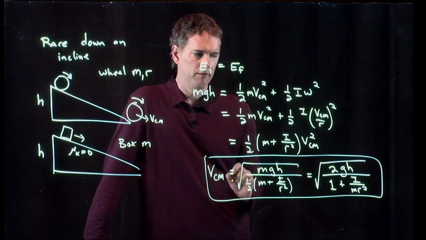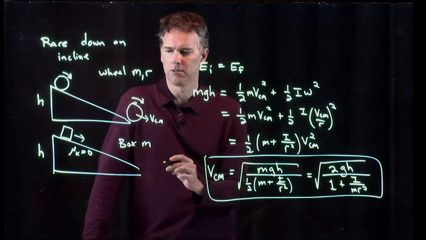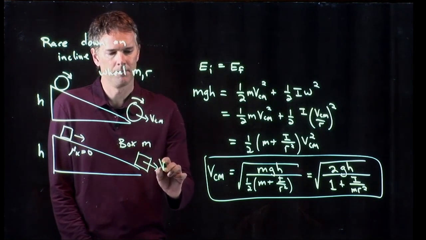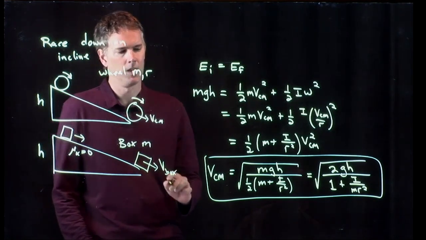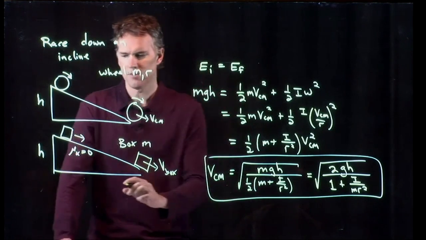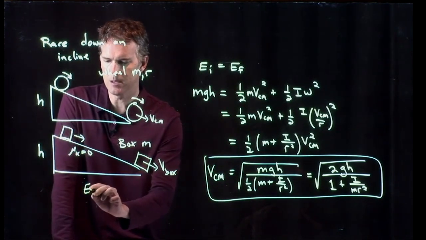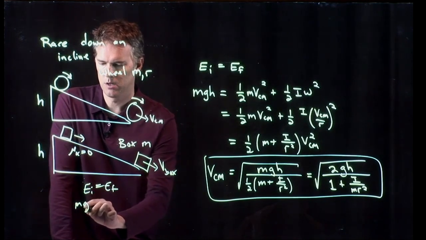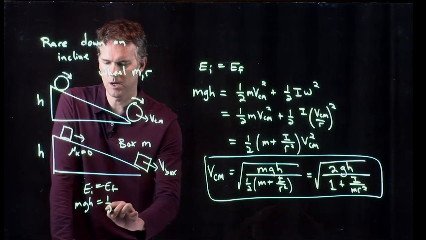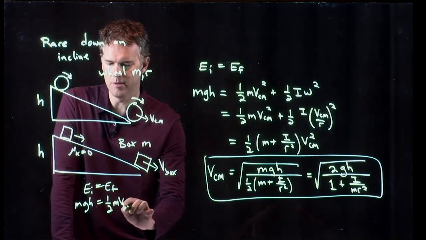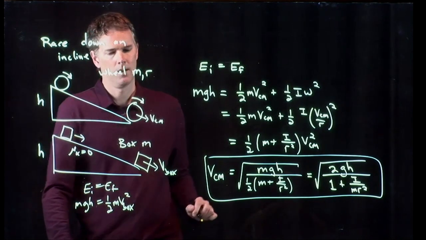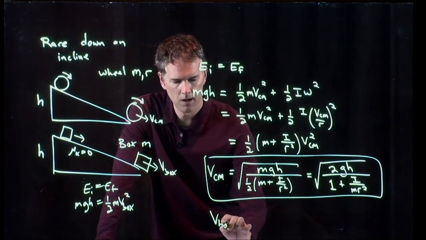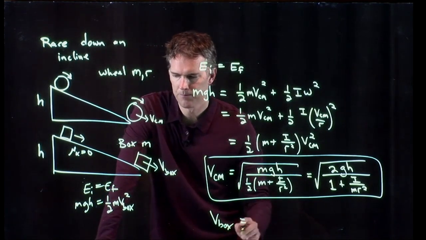What about for the box? The box at the bottom, the velocity of the box, that's not too bad. EI equals EF, mgh equals 1/2 m v box squared. And so we can solve this very quickly for the velocity of the box. And we get the following.